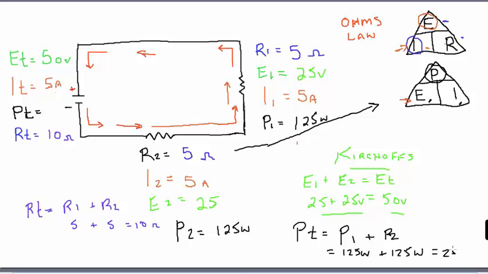So it gives me 250 watts, which equals my total power. And you can check that by using Ohm's law: P total, power total, equals my voltage total of 50 volts times my amperage total of 5 amps. So 50 times 5 is 250 watts.